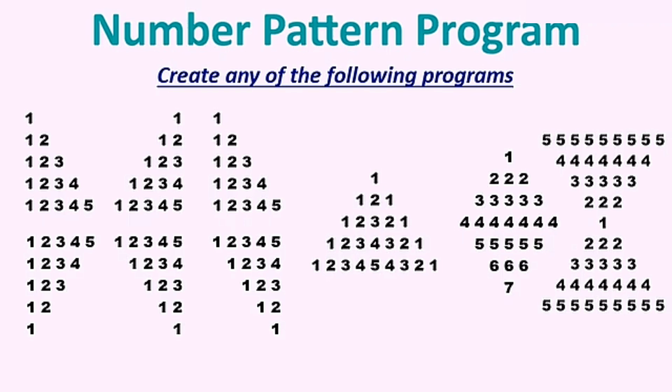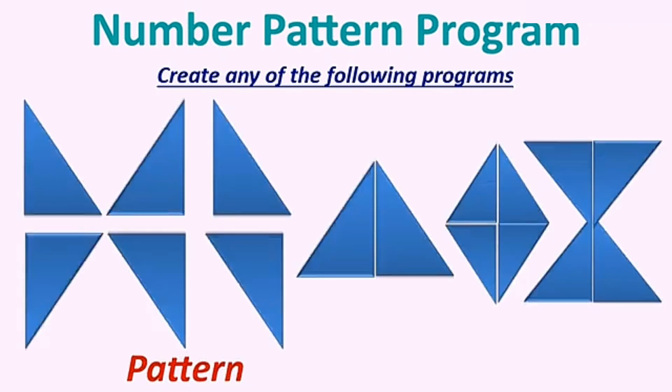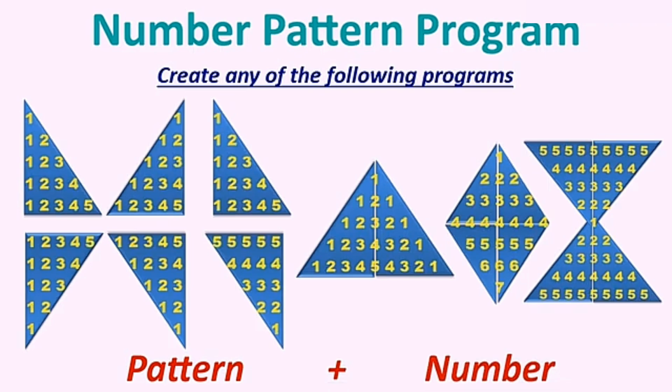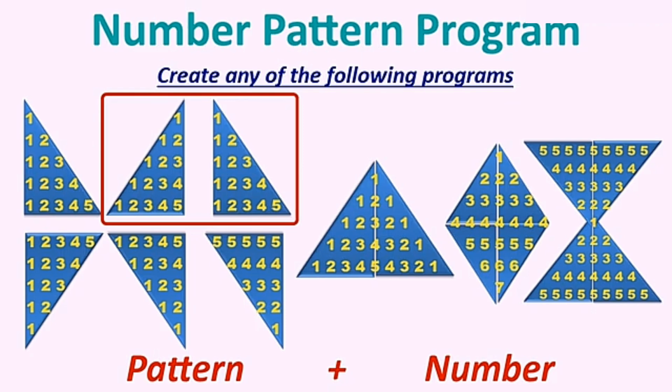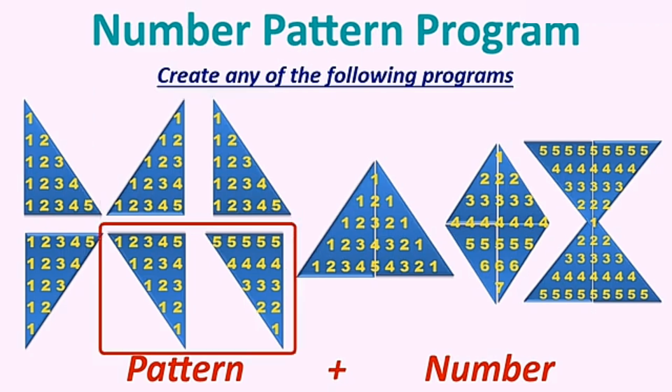When you are solving number pattern programs, you will notice there are actually two things which make the pattern. One is the pattern or shape and second are the numbers which are there inside the pattern. Like over here, the numbers are the same but they are in different patterns. Or here the pattern is the same but each of the triangles has different numbers.